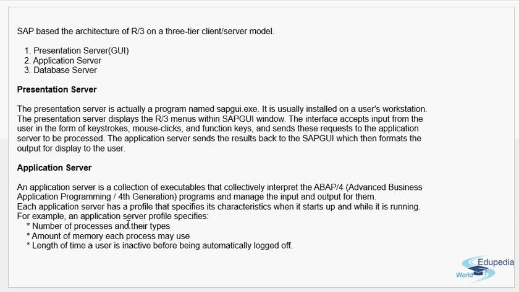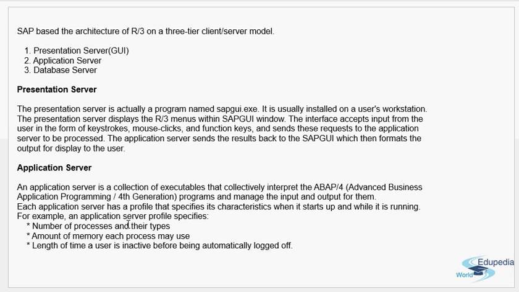Each application server has a profile that specifies the characteristics when it starts up and while it's running. For example, an application server profile specifies the number of processes and their types, the memory, the length of time a user is inactive before being automatically logged off, etc. So here this application server is nothing but the actual SAP server.